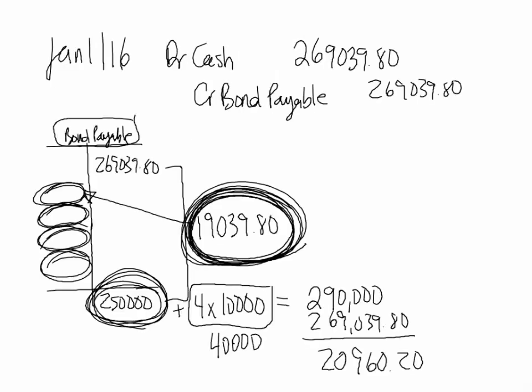So if I go back up here, that first amount here will be $4,619.20. I'm going to start drawing the bond payable down.